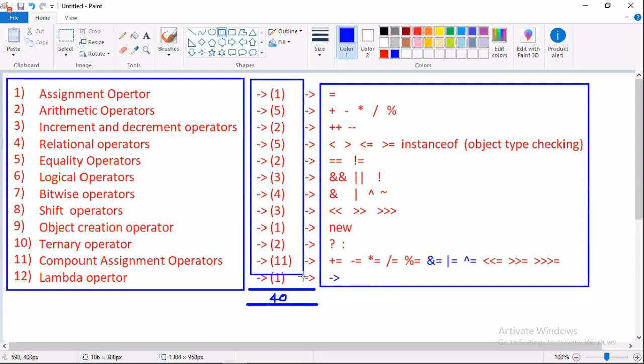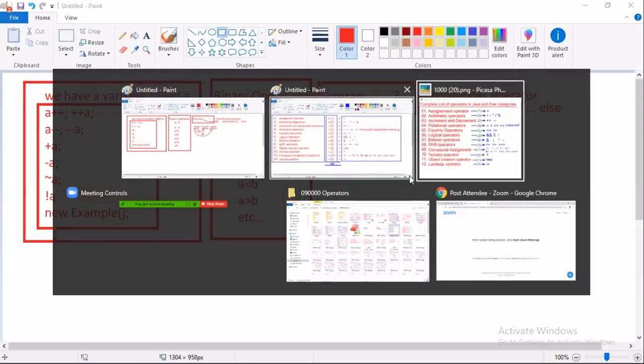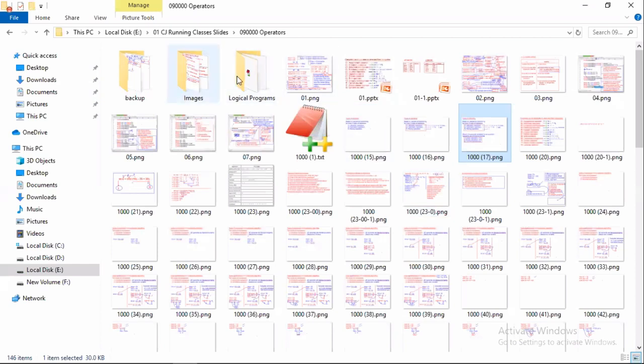Without looking into notes, you must write all these operators. Now, if you have learned them by heart and remember, then I can take you to the next steps. First, I want you to learn by heart and remember all these operators.